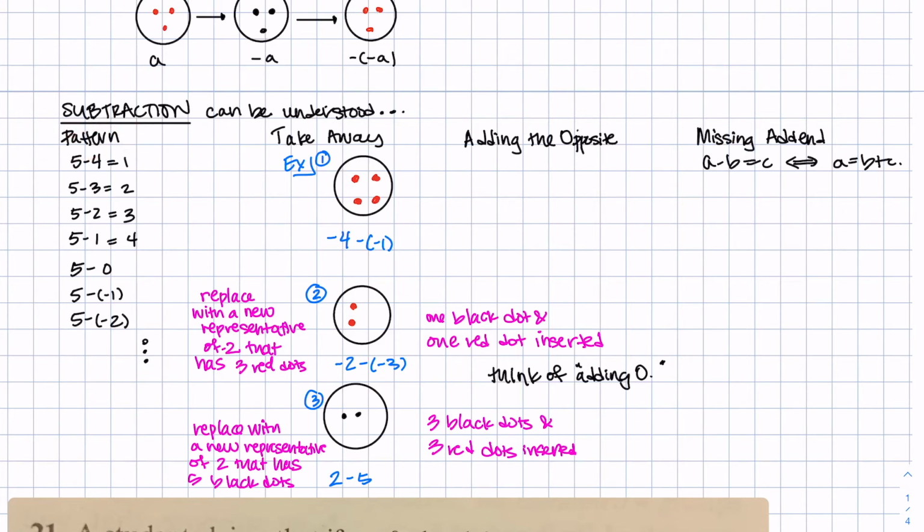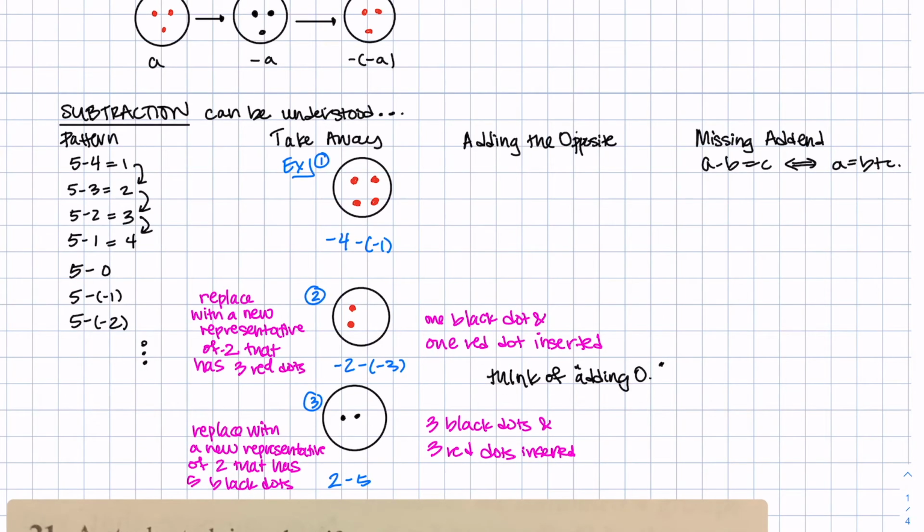And so if I'm looking at a pattern, the reason why I have this now is because I know how subtraction works on whole numbers. So for instance, I know that 5 minus 4 is 1 and 5 minus 3 is 2. And basically, if I follow this pattern down and I just subtract something smaller each time, so now I'm subtracting 2, now I'm subtracting 1, notice that the answer increases by 1 each time, right?